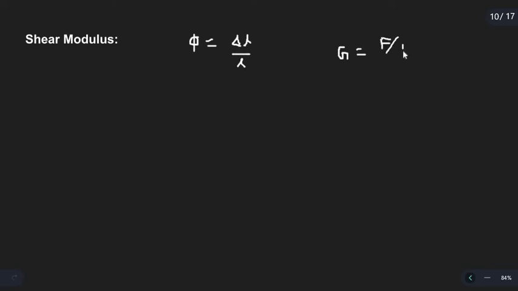Okay, so F upon A, and then whole divided by, so strain is I know phi. Okay, so G will be equal to F upon A phi. Clear? So F upon A phi.